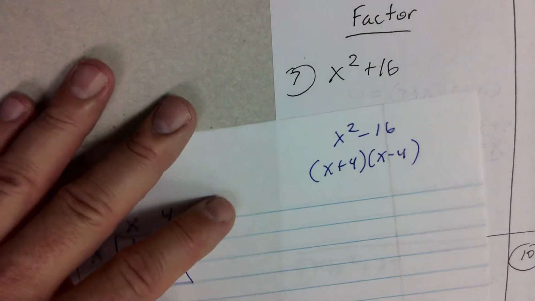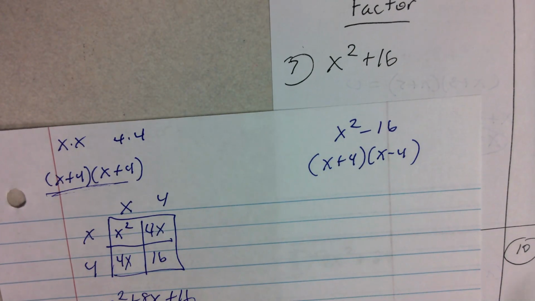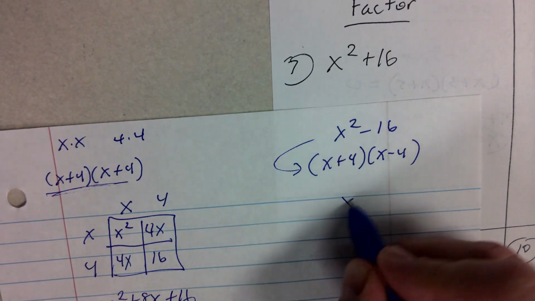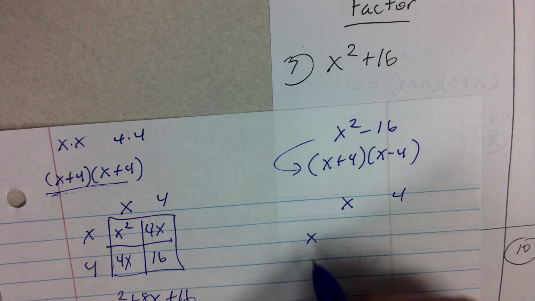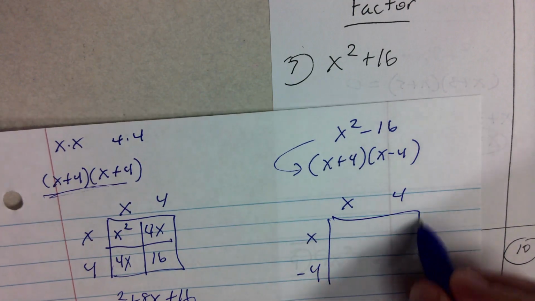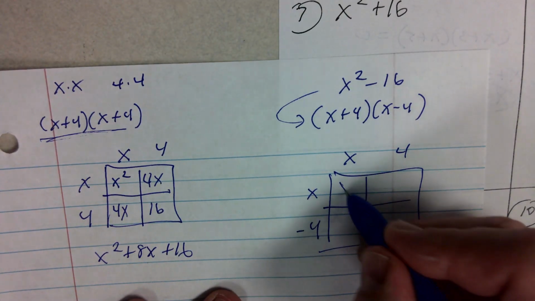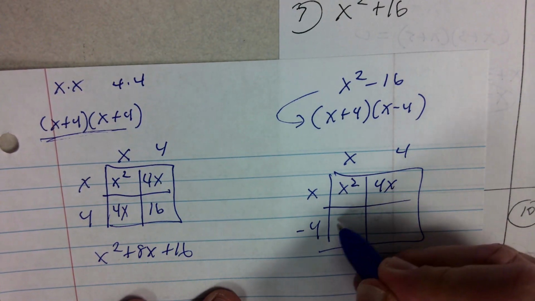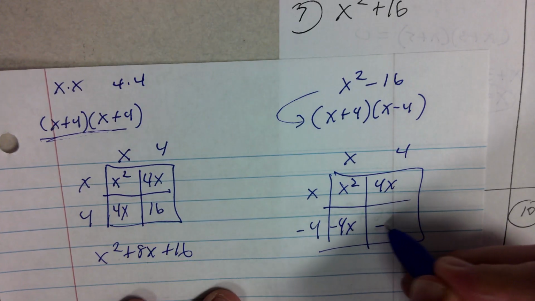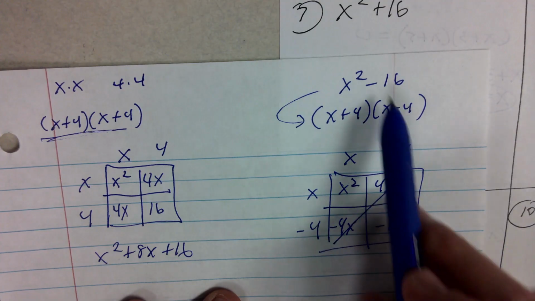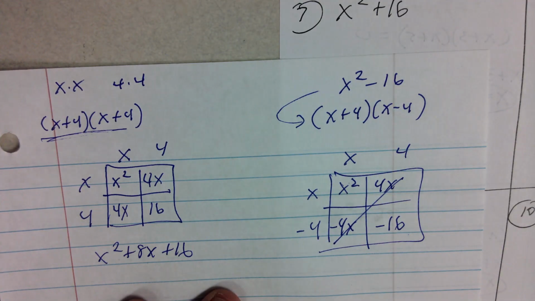If I go over here and I say we have x squared minus 16, and I said we can break it apart like that, x plus 4, x minus 4. Okay, that's x squared, 4x, negative 4x, negative 16. Those cancel. X squared minus 16, it does equal.